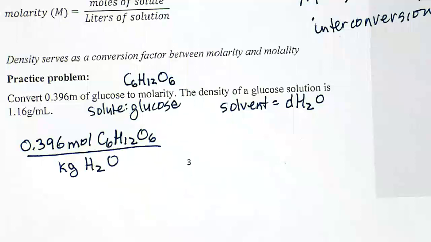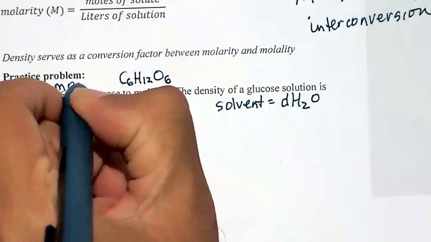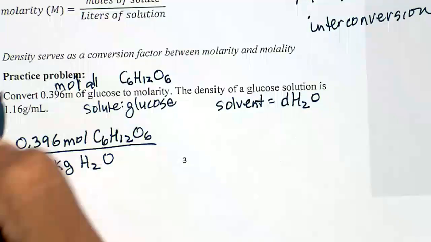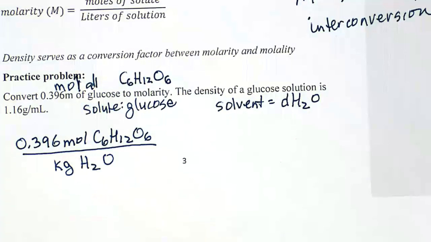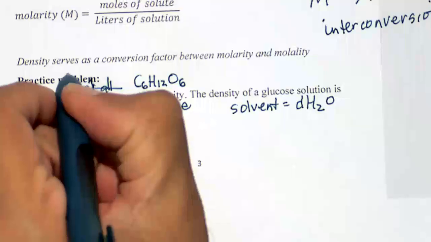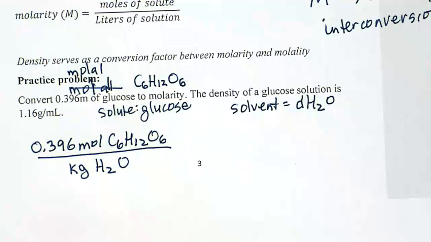Yes, that's what 0.396 molal means. It's called molal, written 0.396 m for molality.